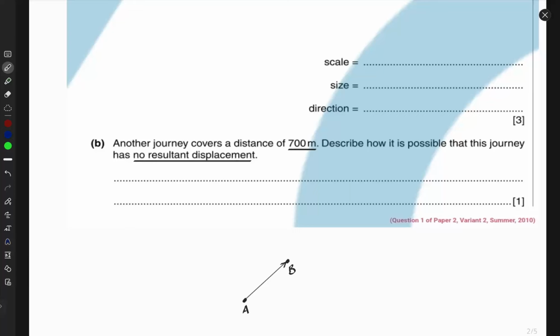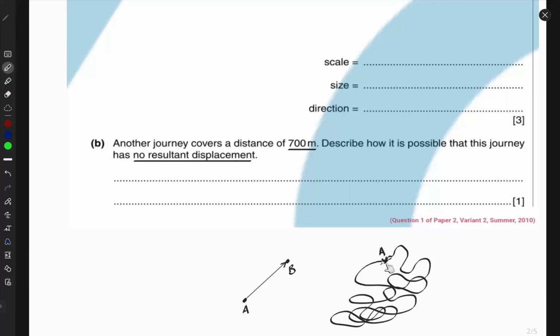Okay, so it would be the case, for example, that you start your journey from some point A, then you go around and do whatever you want, and you come back to this point A. Your destination is still the same point A. So if I draw a displacement vector from point A to point A, that would just be zero, right?